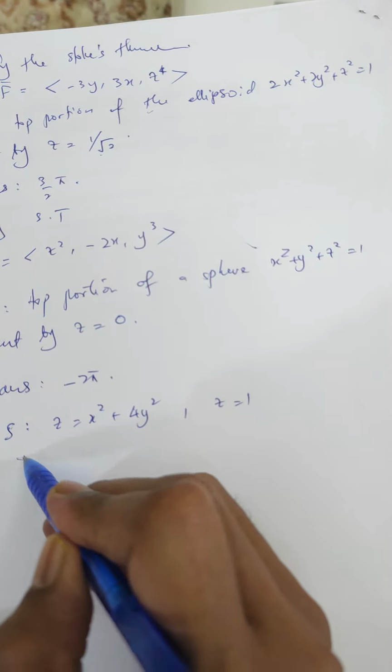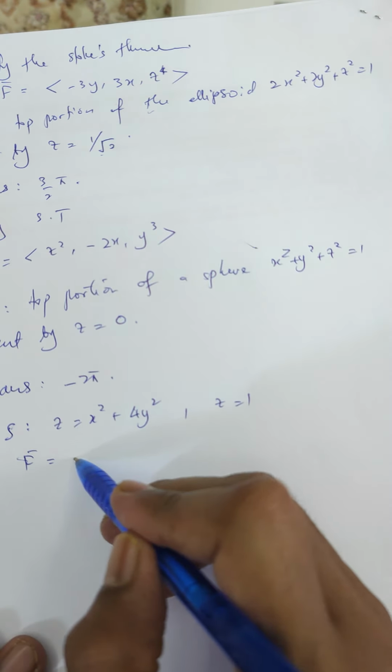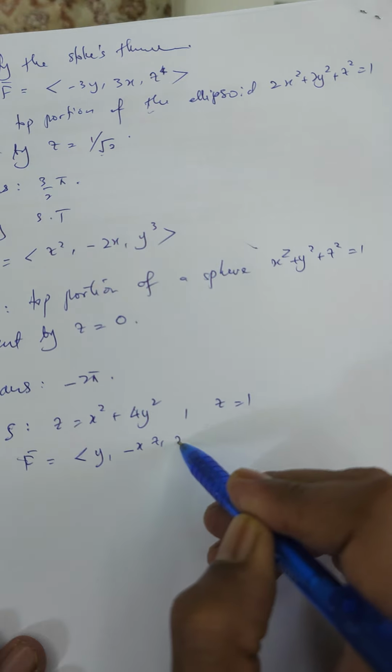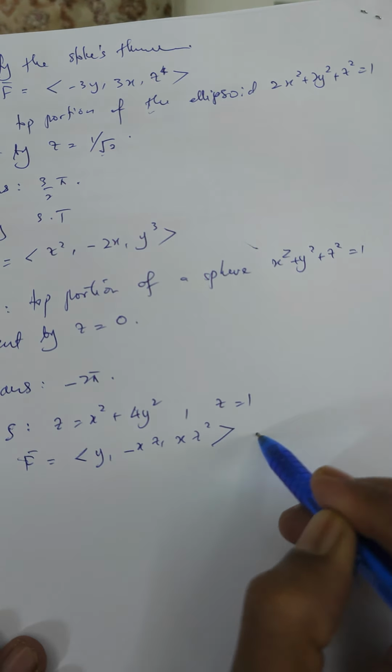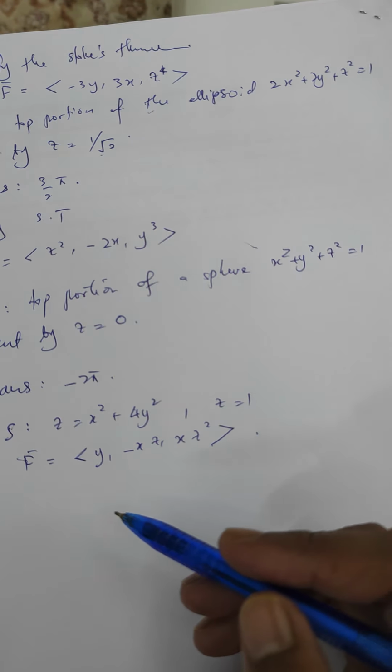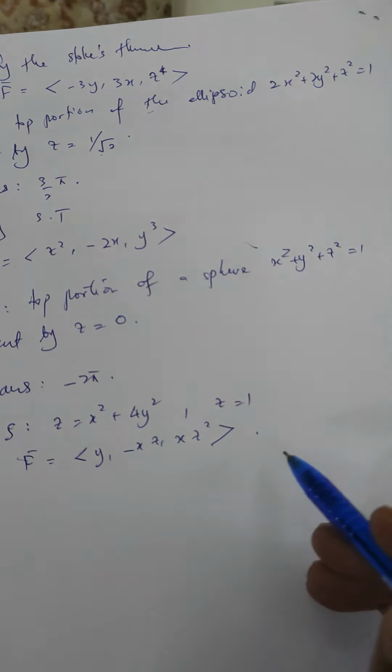Your F is given as y, minus x z squared.